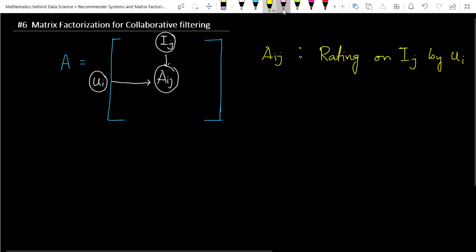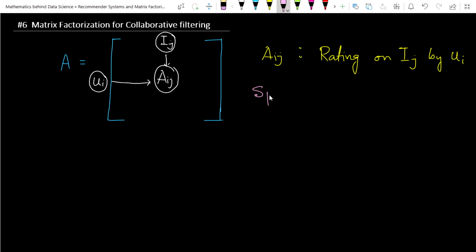Now the second characteristic of this matrix is that it must be a sparse matrix, because most of the values of this matrix are empty. It's not possible for a single user to watch all the movies or to find all the items; that's totally irrelevant.